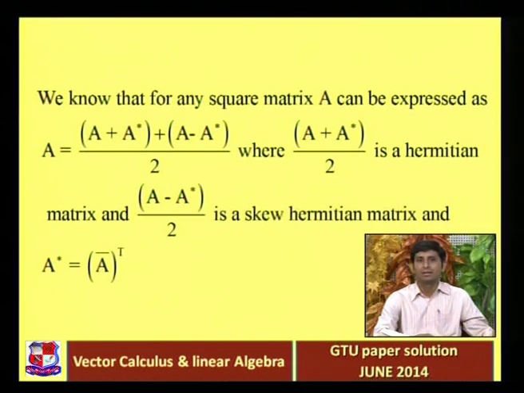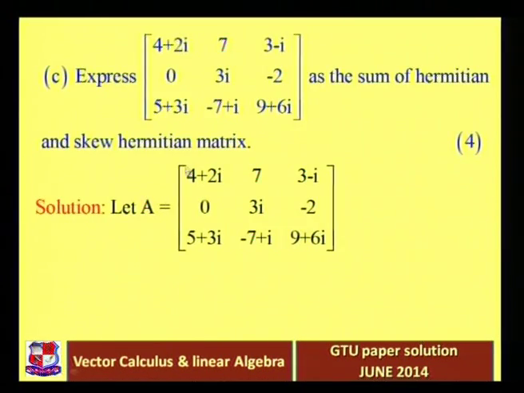So let's see, this is our matrix A, right? 4 plus 2i, 7, 3 minus i, 0, 3i, minus 2, 5 plus 3i, minus 7 plus i, 9 plus 6i.